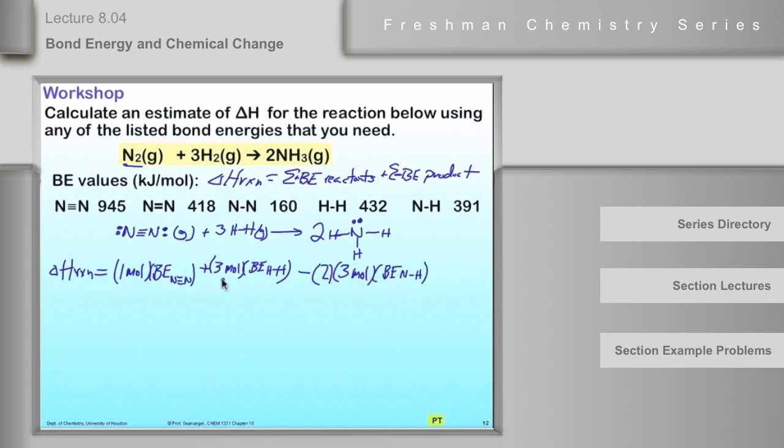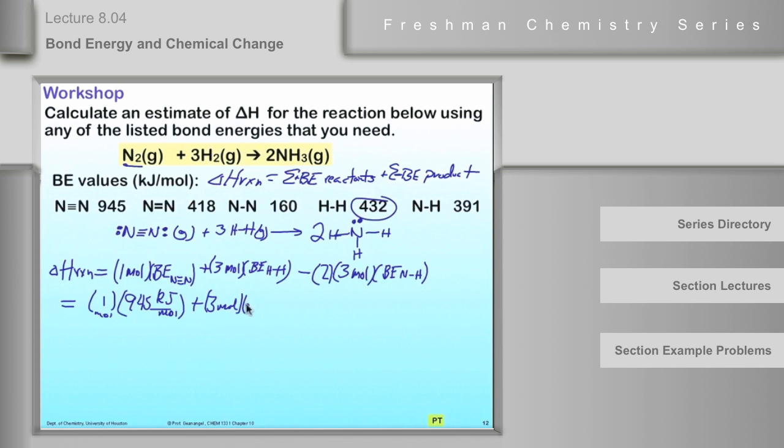Okay, then it's plug and chug after that. It's 1 mole here times the bond energy of triple bond N2, which is 945 kilojoules per mole. So the moles will cancel and we'll get out in kilojoules in that part. Then we got 3 moles times the HH bond energy.